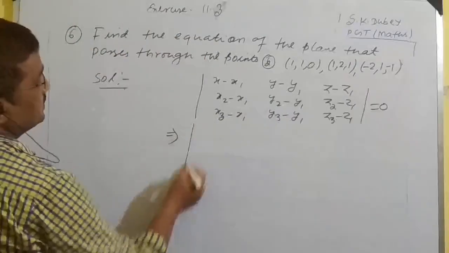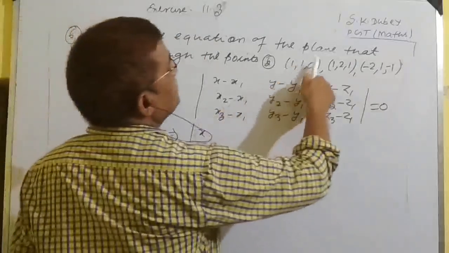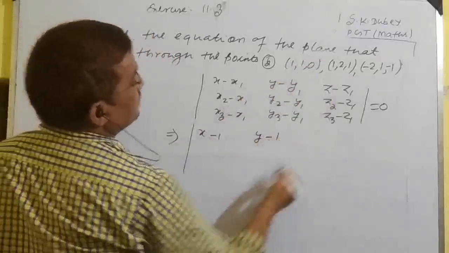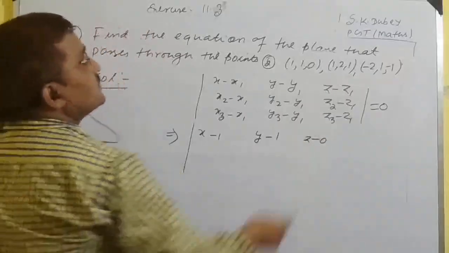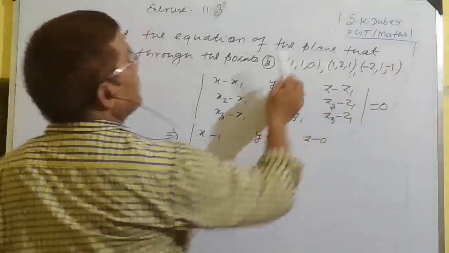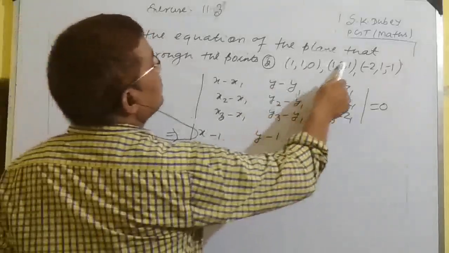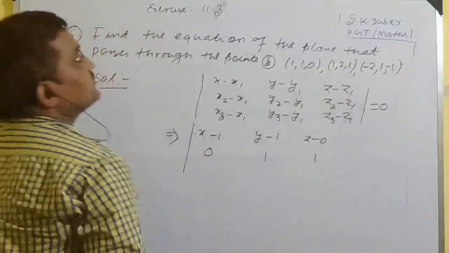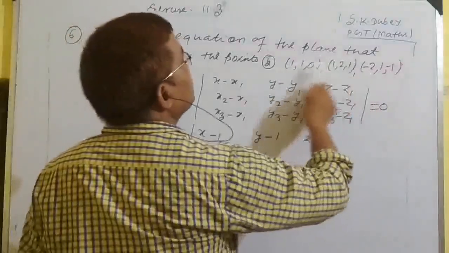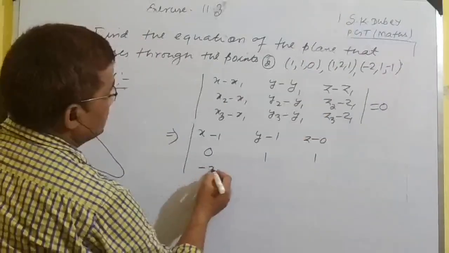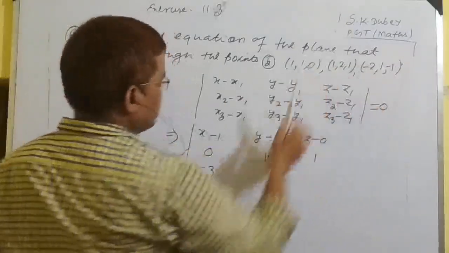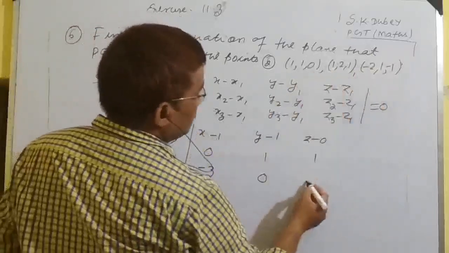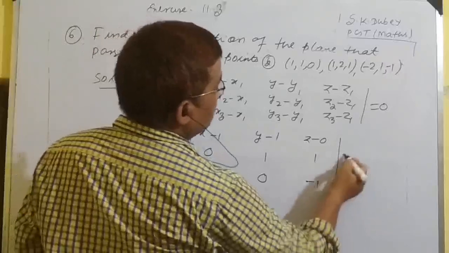This implies x minus 1, y minus 1 and z minus 0; x2 minus x1, 1 minus 1 that is 0, 2 minus 1 that is 1, 1 minus 0 that is 1; x3 minus x1, minus 2 minus 1 that is minus 3, 2 minus 1 that is 1, and minus 1 minus 0 that is minus 1, is equal to 0.